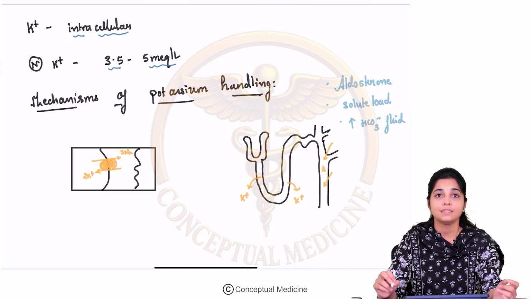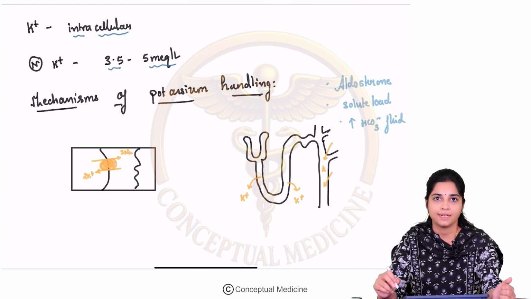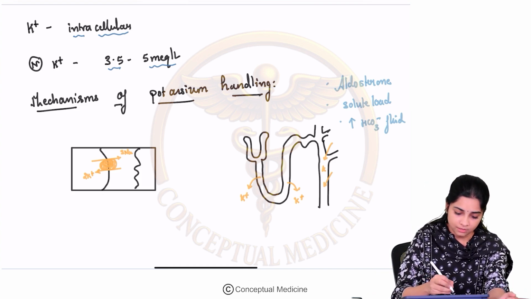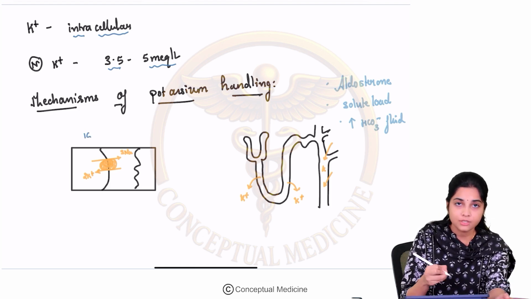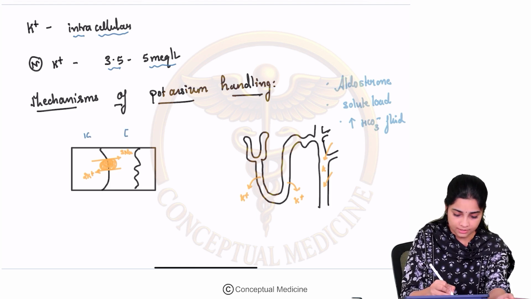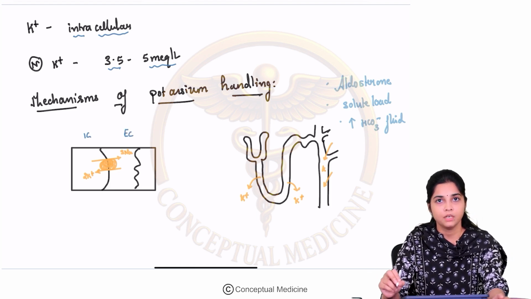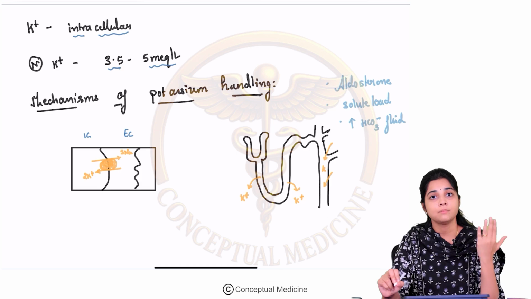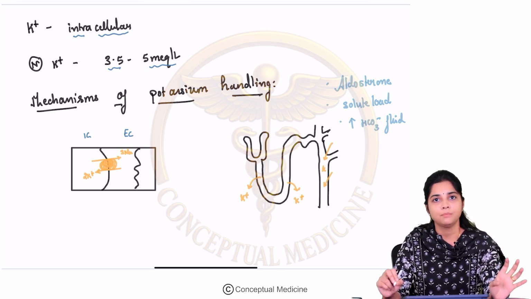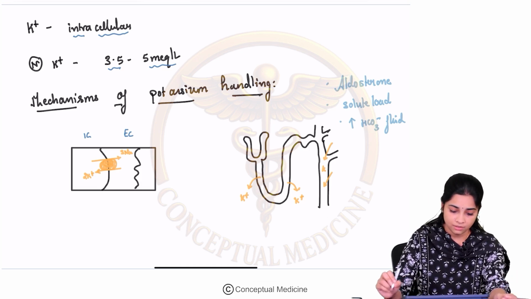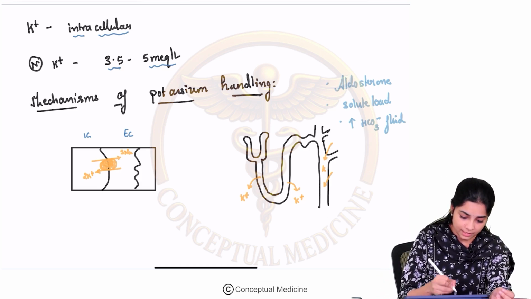So let us understand the mechanisms of potassium handling. This is your line diagram which you have seen multiple times before. This is your intracellular compartment and your extracellular compartment. How is potassium maintained predominantly as an intracellular ion? This is brought about with the help of this pump, which is called the sodium potassium ATPase.